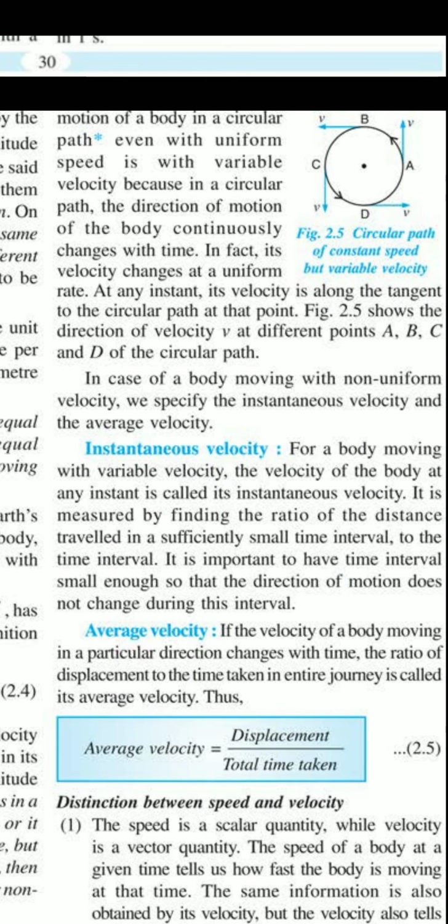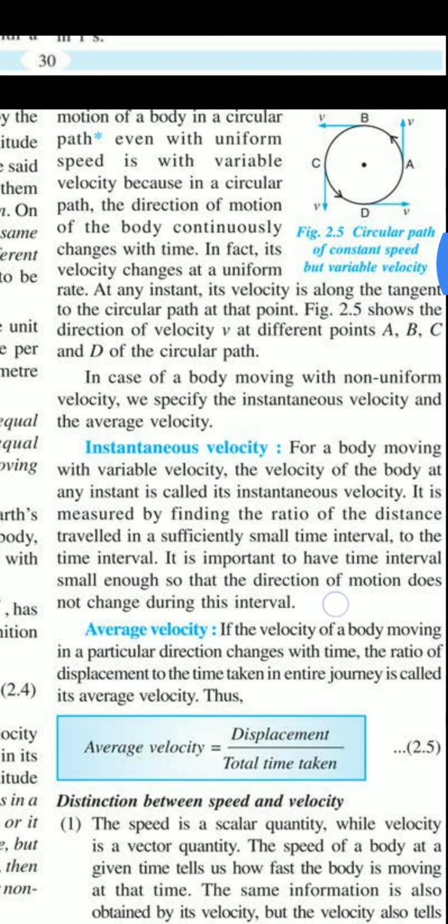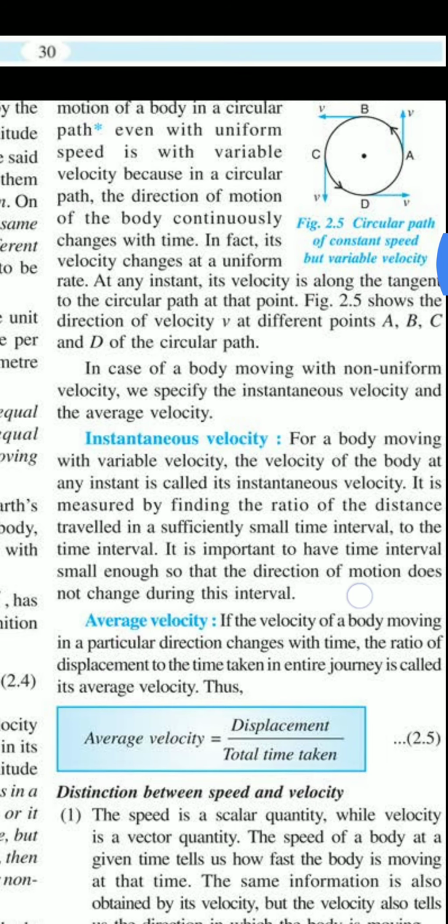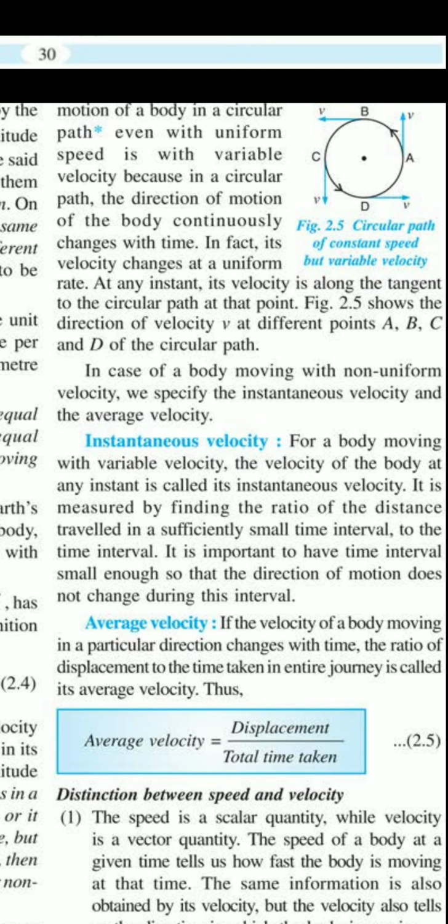Then again, instantaneous velocity is similar to the instantaneous speed. Instantaneous velocity is the change in displacement in a small time interval, divided by the small time interval, and that gives you the velocity.